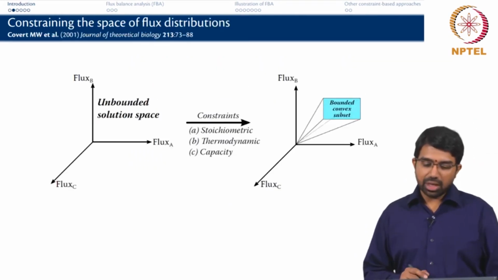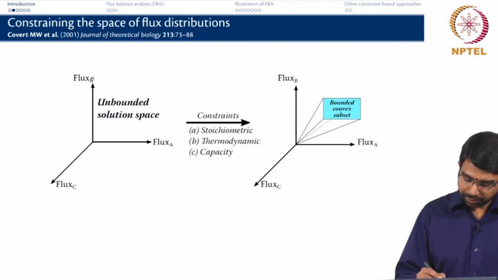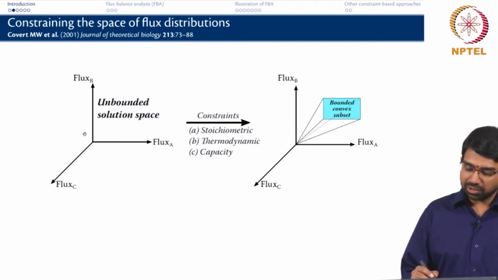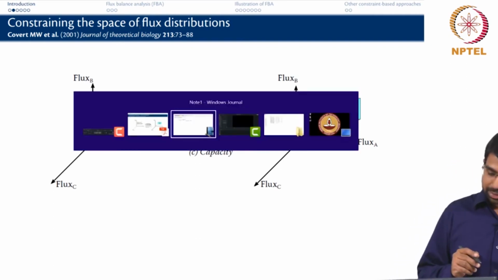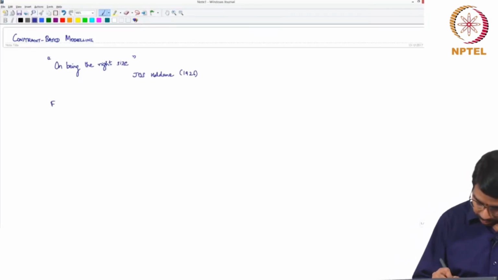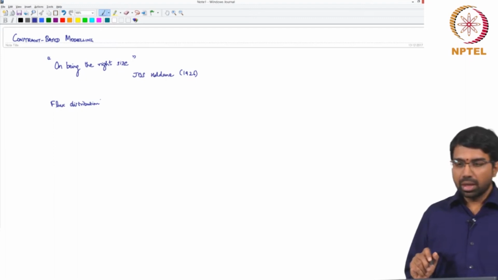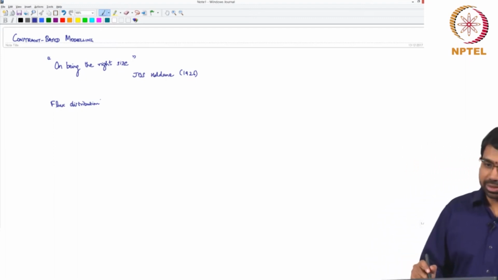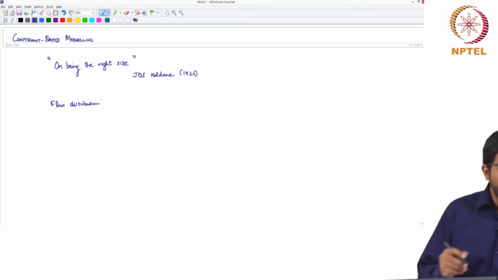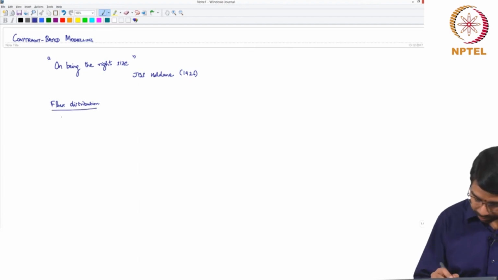We start with an unbounded solution space, right. So think of a space of possible solutions, but what do we mean by a flux distribution in the first place, right? I want you to recall what a metabolic network is. A metabolic network for our purposes is a long list of reactions.